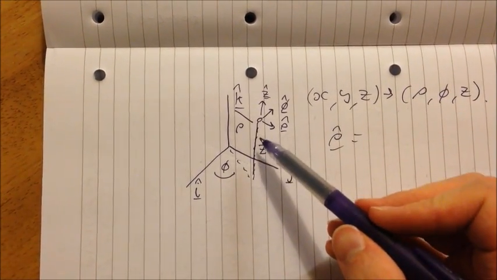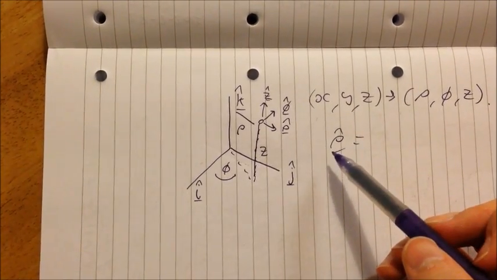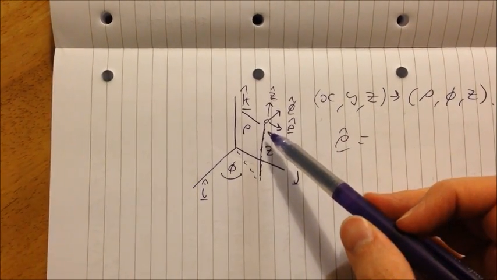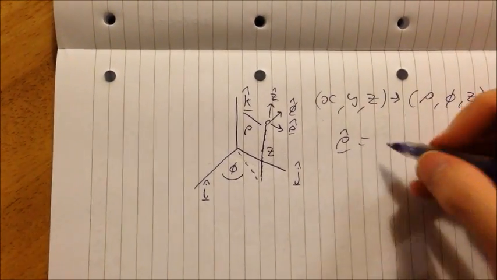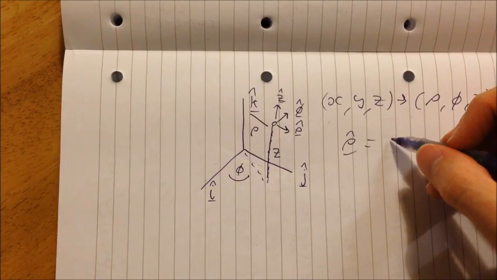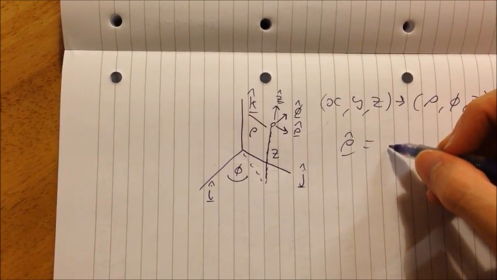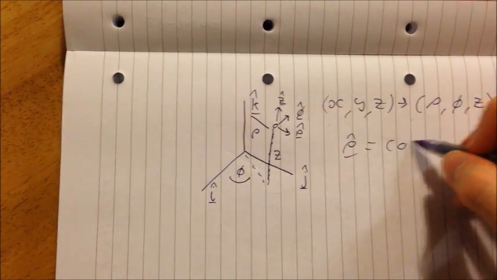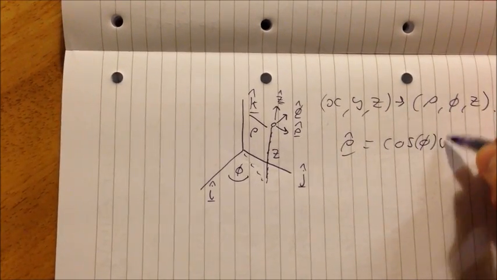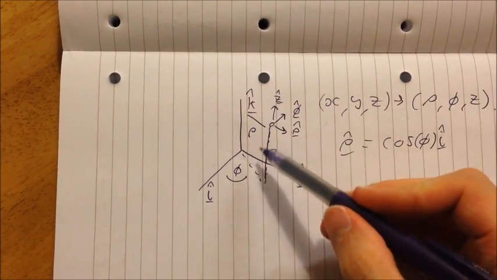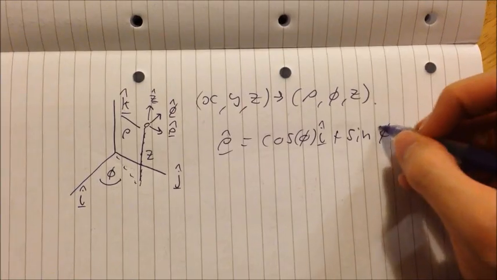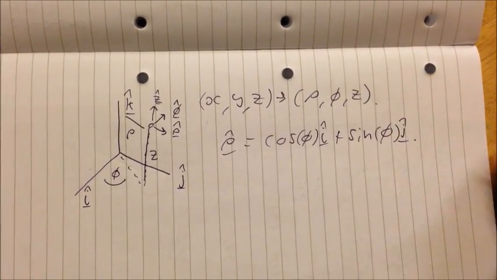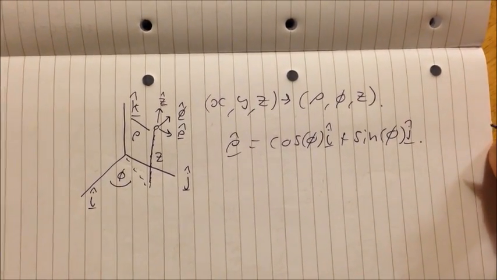The i component of the rho unit vector is rho cos phi i, so, no, not rho, so cos phi i, and then sin phi j.